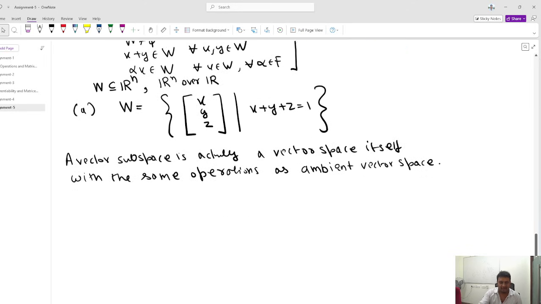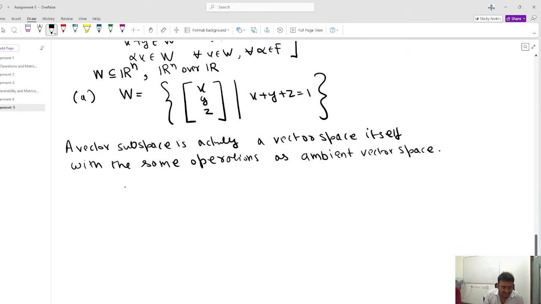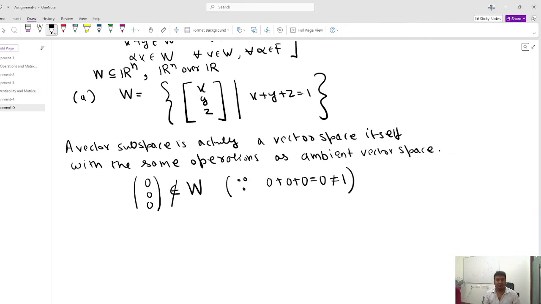Okay, so what is 0 here? So 0 comma 0 comma 0. Does it belong to W? No, right? Because 0 plus 0 plus 0 is 0, which is not equal to 1. So you don't have an additive identity. So it cannot be a vector space at all, right?